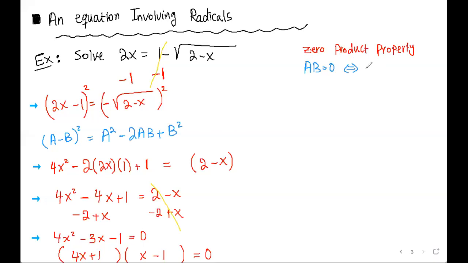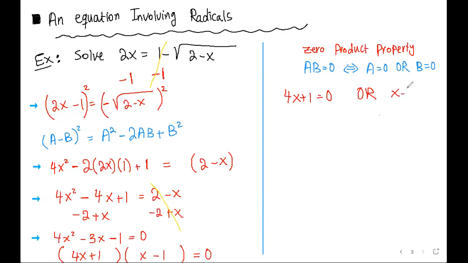This means A equals 0 or B equals 0. So the same thing here: 4x plus 1 equals 0 or x minus 1 equals 0. And we're solving linear equations. So for 4x plus 1 equals 0 or x minus 1 equals 0.